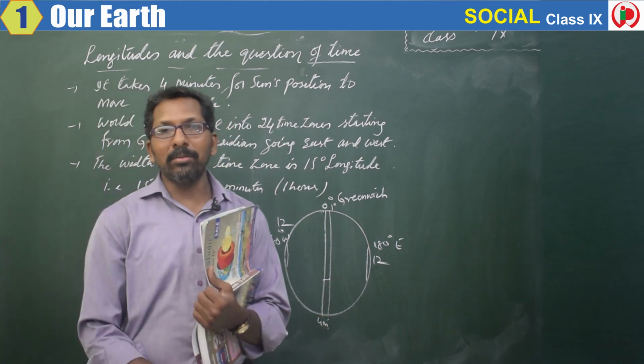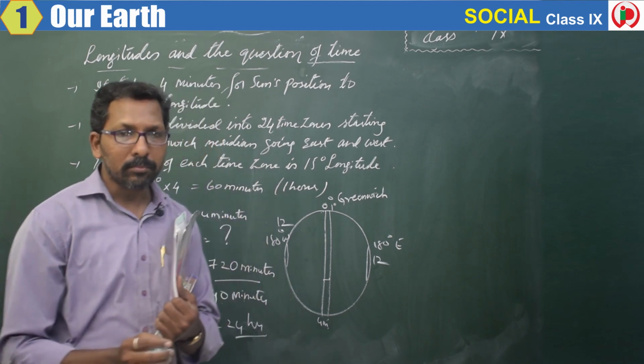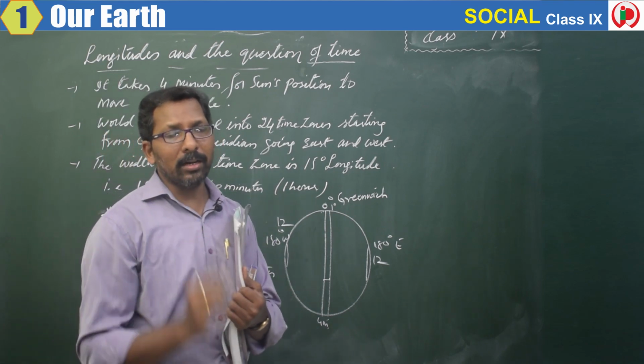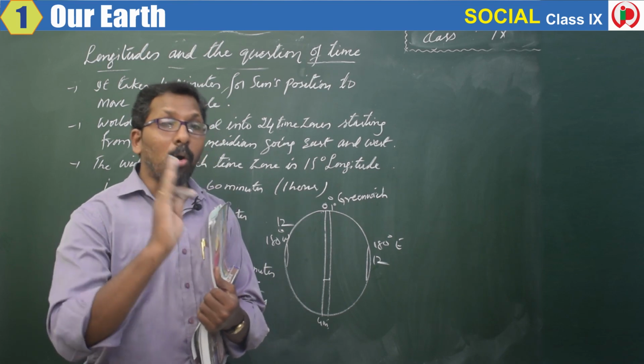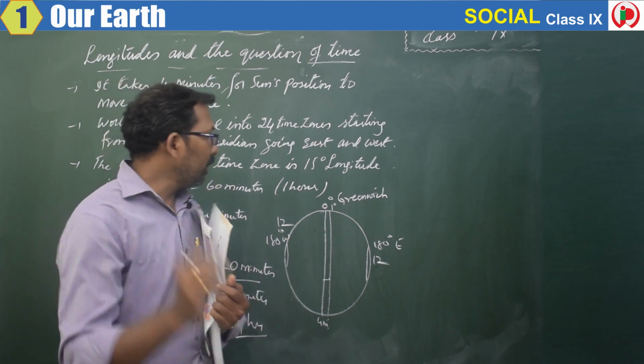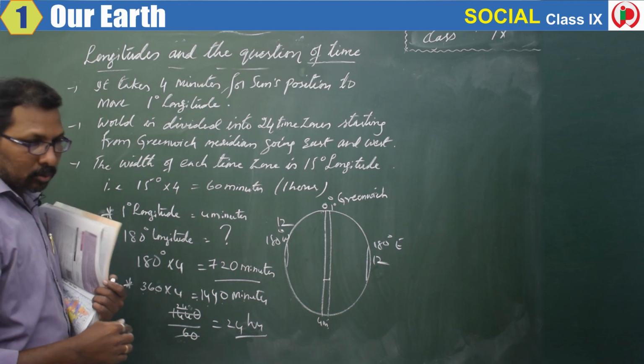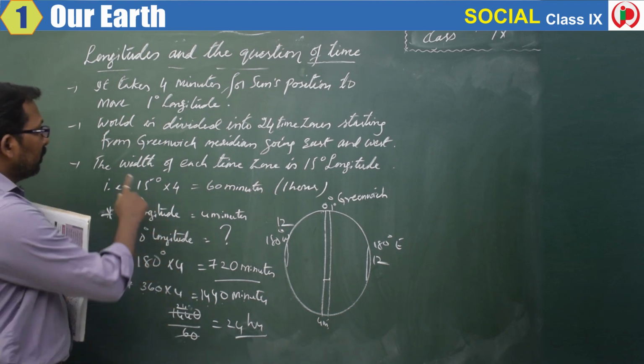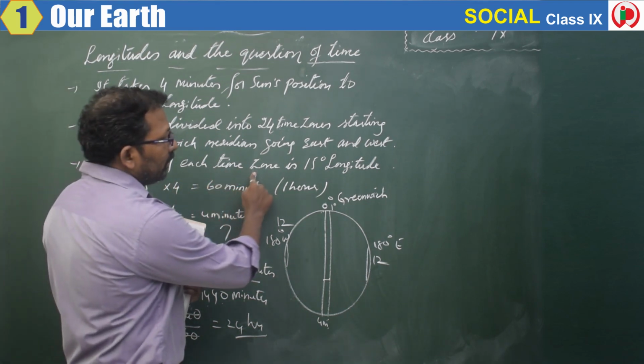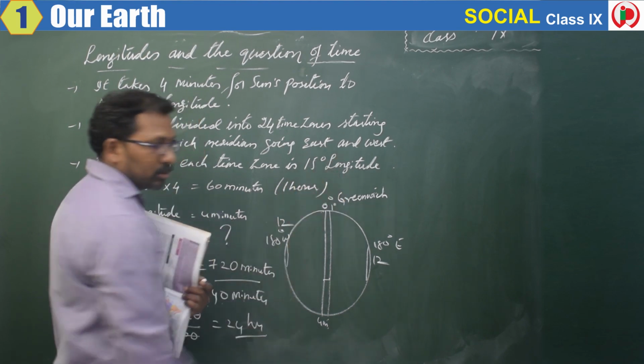But how much time does it take to travel one particular time zone, and how many longitudes are there in one particular time zone? Now if you look at the board here, the width of each time zone is 15 longitudes.